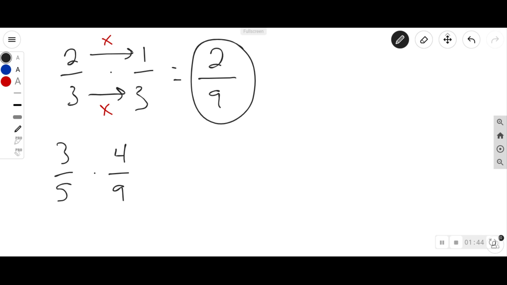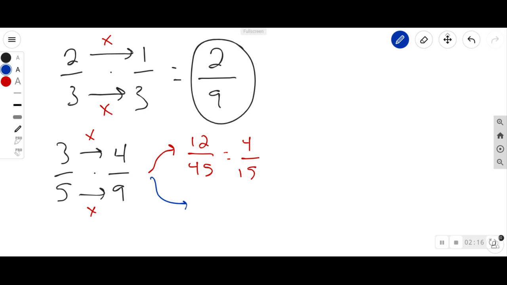Now, I could just multiply across, which would end up giving us, and I'm going to leave it in red here, just so that you know it's a slightly different answer, 12/45, which we would then have to reduce, which would end up bringing us down to 4/15. But we don't have to do it that way.